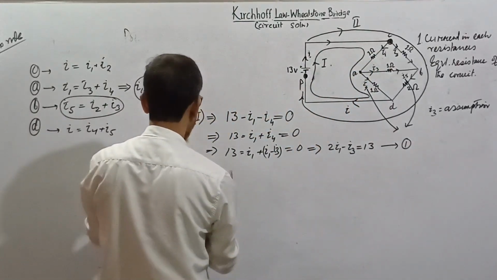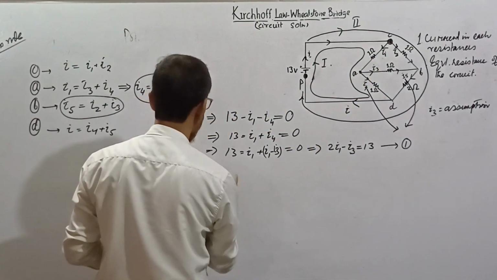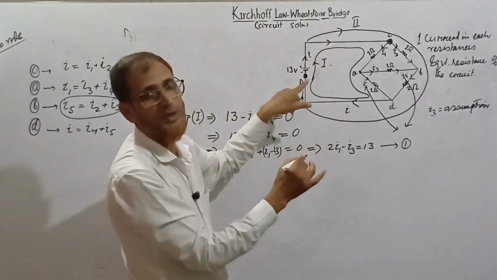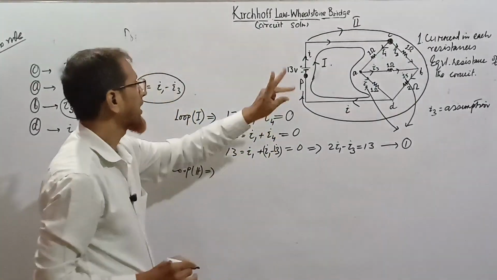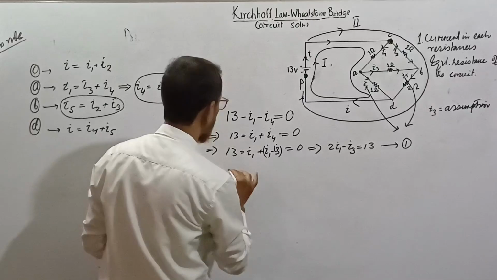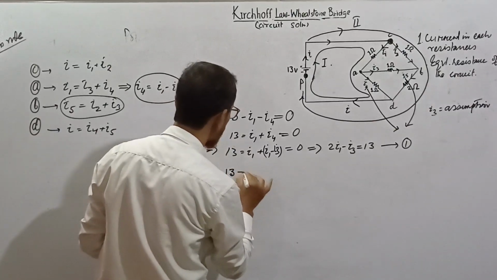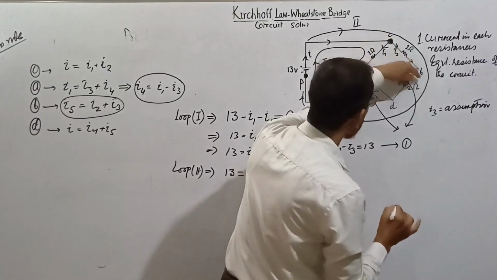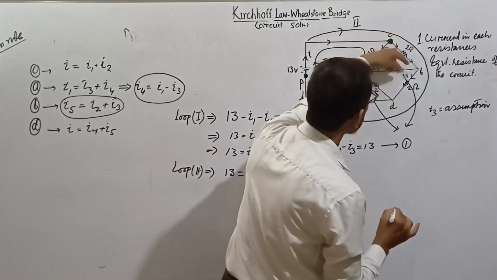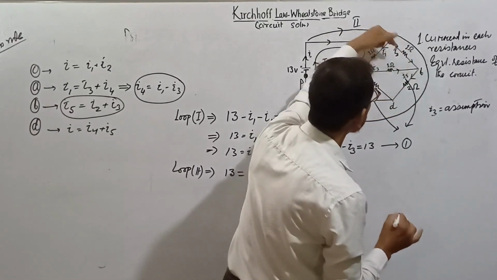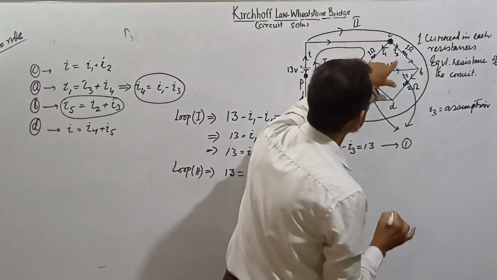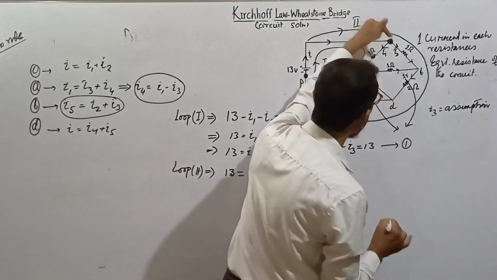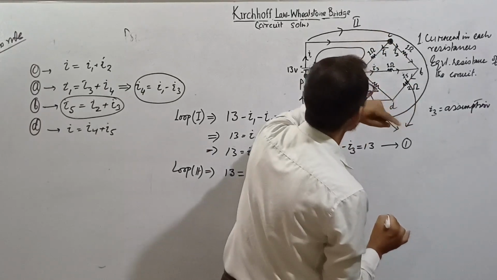So loop 2 gives: again the current is leaving the cell from minus to plus. Am I right? So minus to plus means I3 is positive, and when it enters here, the current passes in the same direction as the resistance. So I2 into 1, the potential difference is a drop, so when it enters, it is minus.